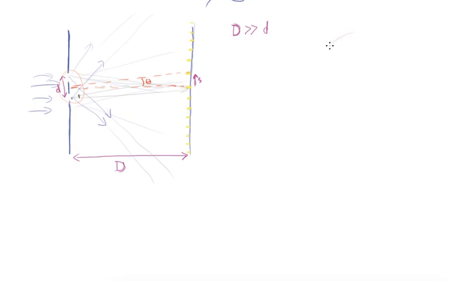Here it is, this spot blown up, and we've got our two slits. The light coming from here is going to be basically traveling parallel. This is one of those approximations I was talking about.